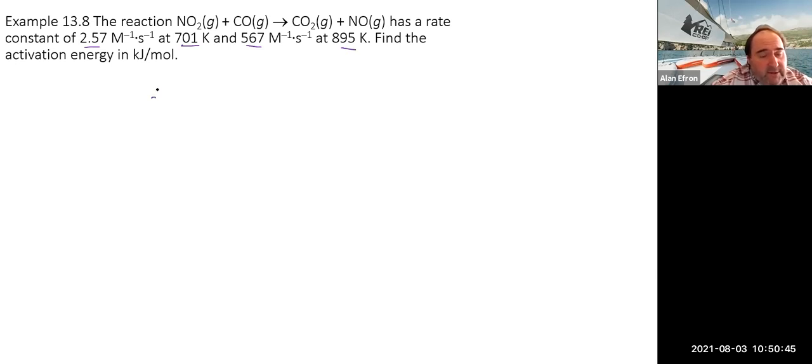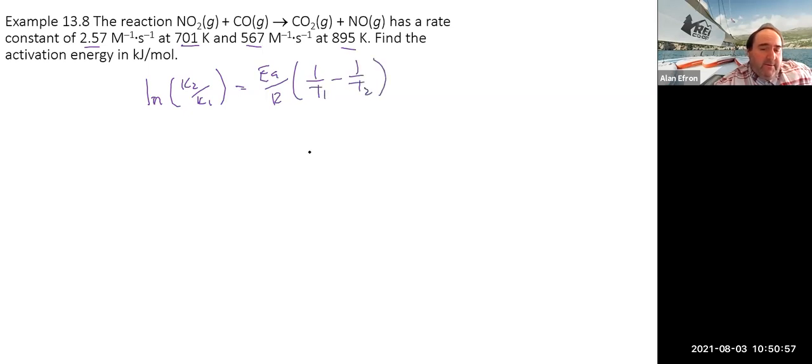We can use our 2-point version here to calculate it, which is ln(k2/k1) equals Ea over R times (1 over T1 minus 1 over T2). If we pull out our information, k1 is 2.57 and our temperature T1 is 701 Kelvin.